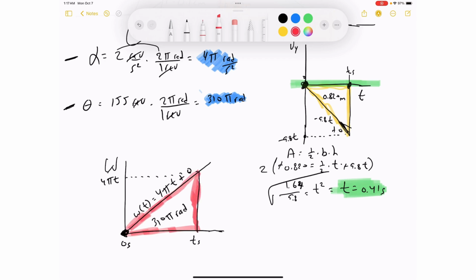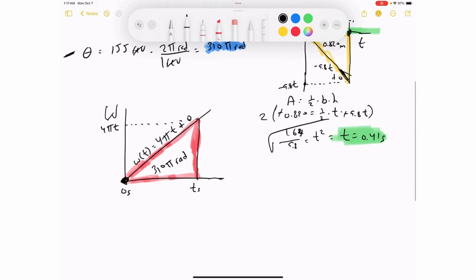The area equals 1/2 times the base times the height. The area, of course, is 310 pi radians, equals 1/2, the base is t again, and the height is 4 pi t.